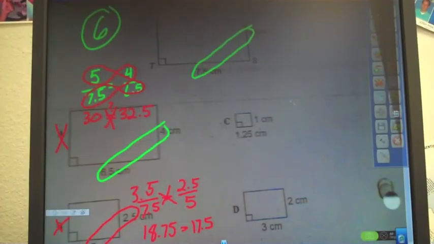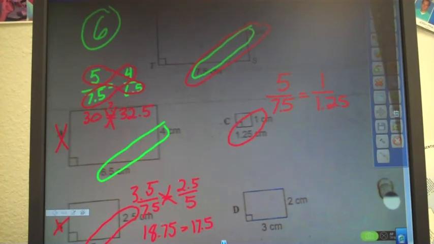Let's try letter C. We're going to set up the same proportion, 5 over 7.5. And using the same corresponding sides in letter C, 1 over 1.25. If these are similar, their cross products will be equal.